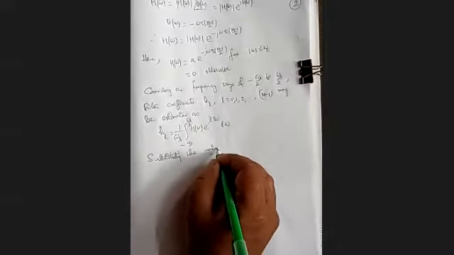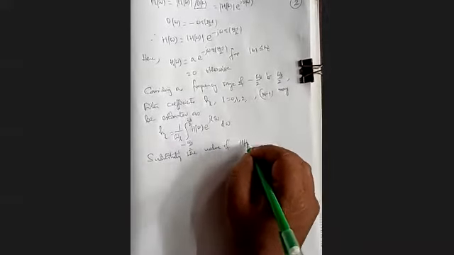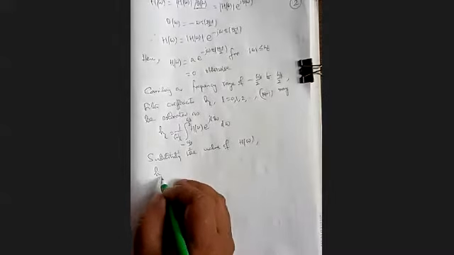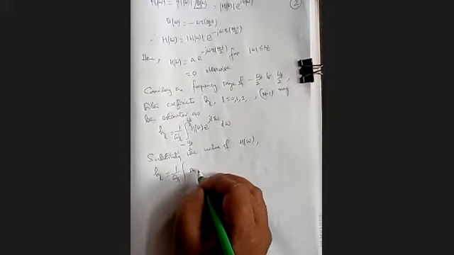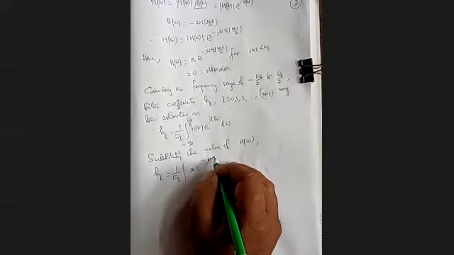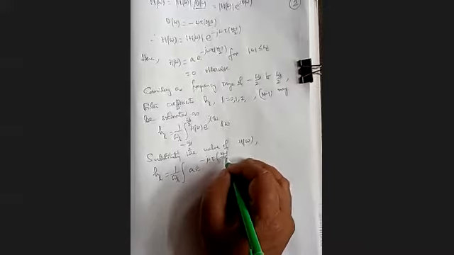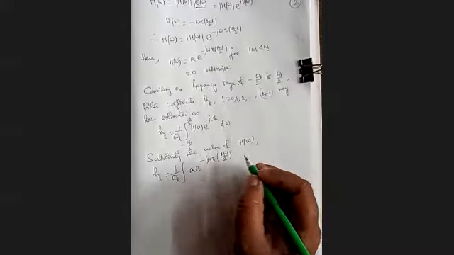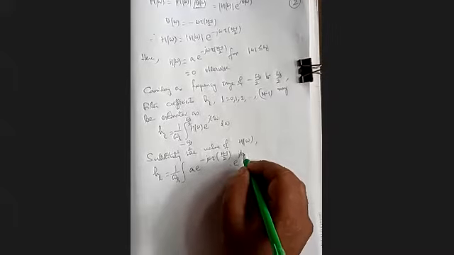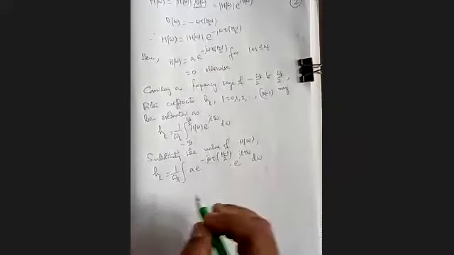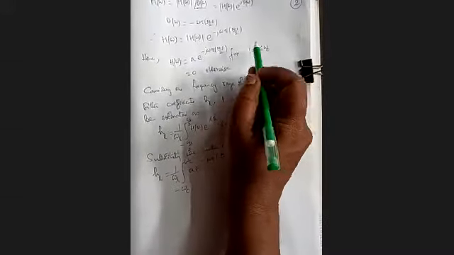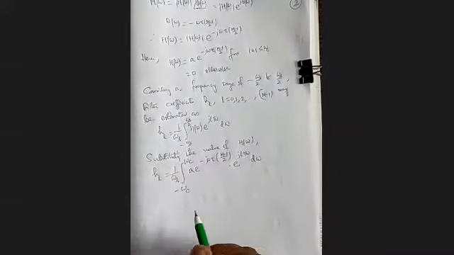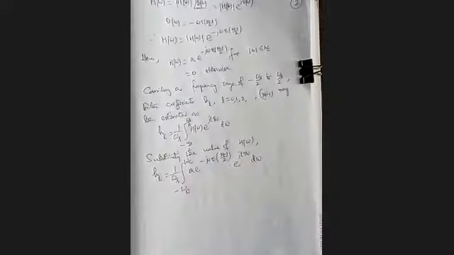Substituting, we get h L equal to 1 by omega s integral of A e to the power minus j omega tau m minus 1 by 2, e to the power j L tau omega d omega. It is minus omega c to plus omega c because it spans only in that range. Otherwise, this is 0.